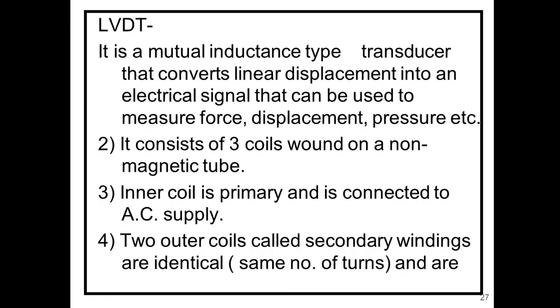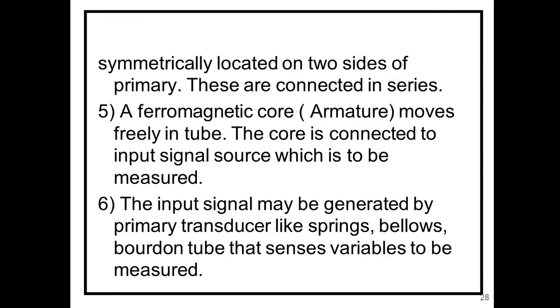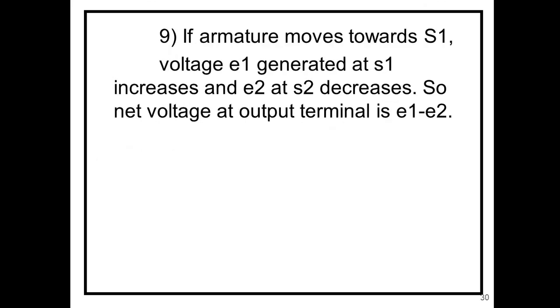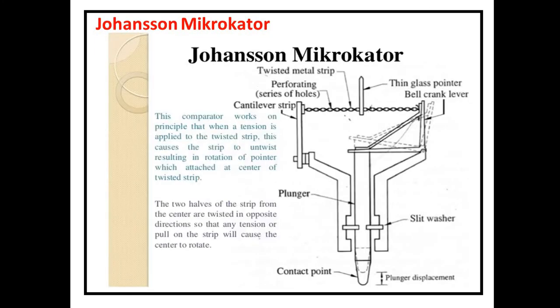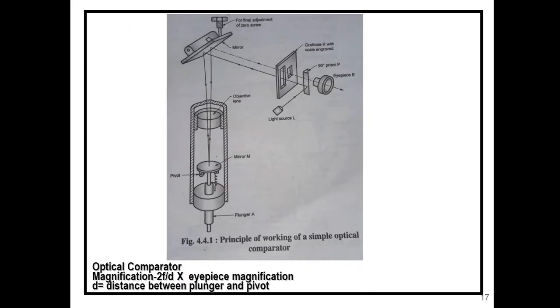Whatever we have just discussed is written in the coming PPTs. These are some of the comparators that we have discussed today. So I will just summarize what we discussed today.